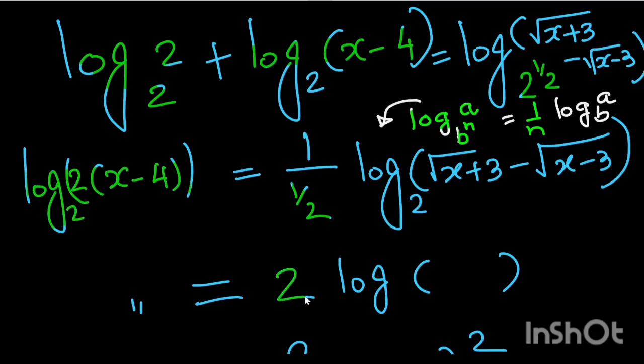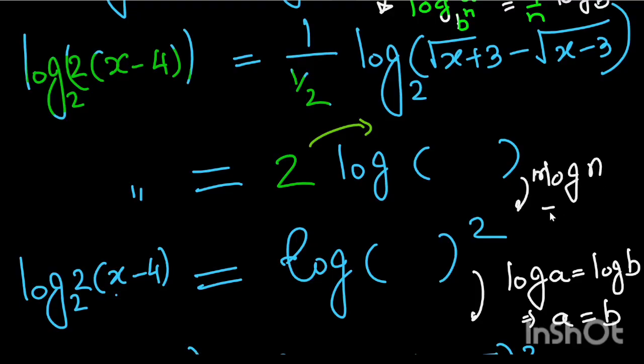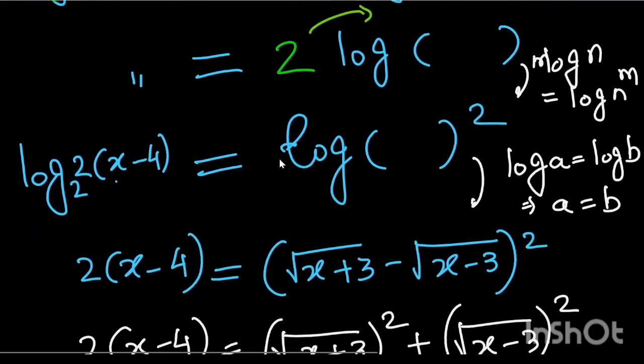This 2 goes up, and this 2 now will go in the power of that. Again using the law m log n is log n to the power m. Now both sides we have log, so we can cancel the log using log a equals log b. So we can cancel log both sides, and a is equal to b.